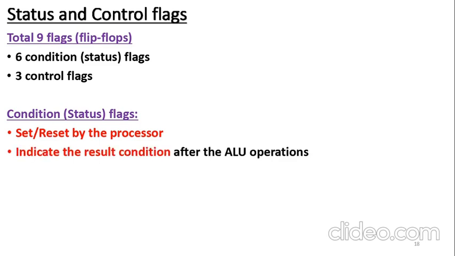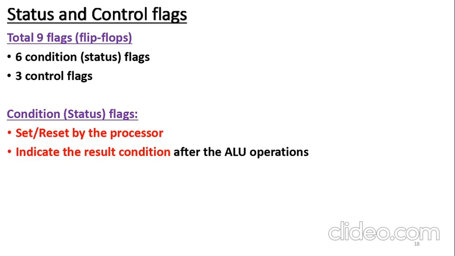Now let us see what I mean by condition or status flag. Condition or status flags are set or reset by the processor. And this condition flag indicates the result condition after ALU operations. Let us take one example here. Suppose I am performing a subtract operation where my numbers to be subtracted are 10 and 10.